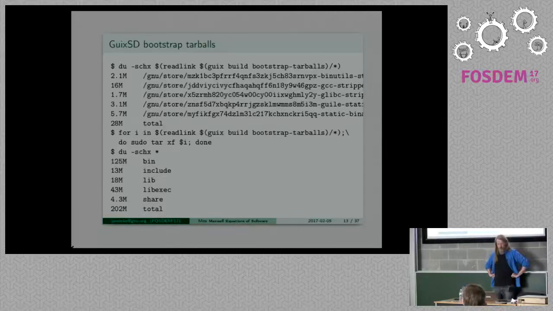I was wondering, well, what kind of binaries are we talking about? It's only 28 megabytes zipped. So the bootstrap binaries are 200 megabytes. It's not a real problem. We can reproduce them, and we do that. But it seems terribly big.